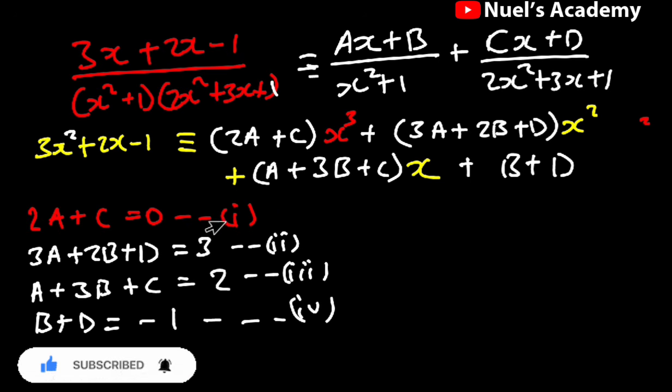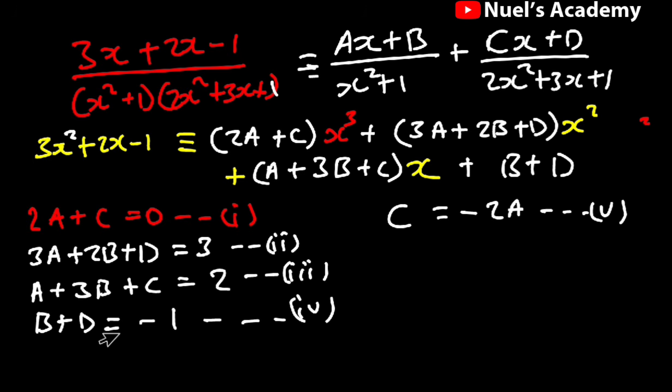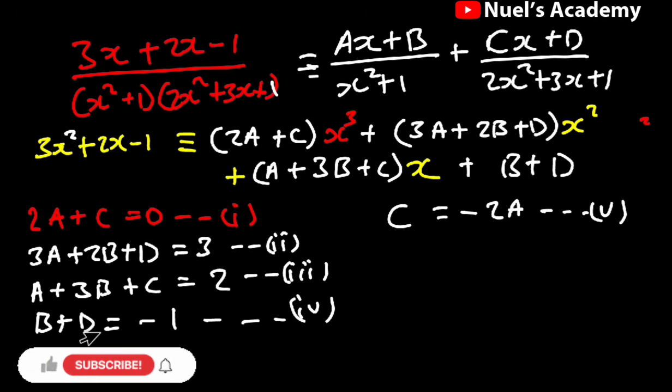So from equation I, let's make c the subject of formula. If you do it, you see that c is equal to minus 2a. Let's call this equation V. And also from equation IV, let's make d the subject of formula.